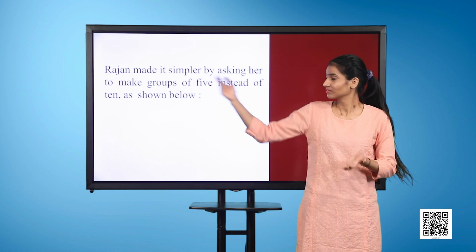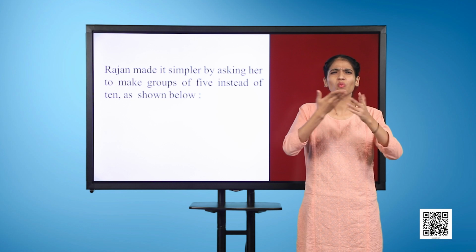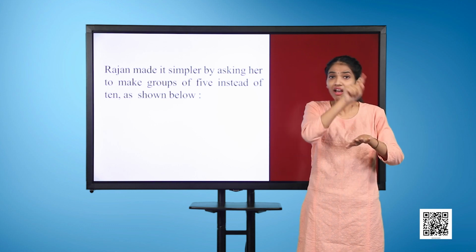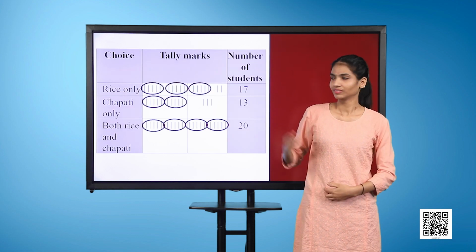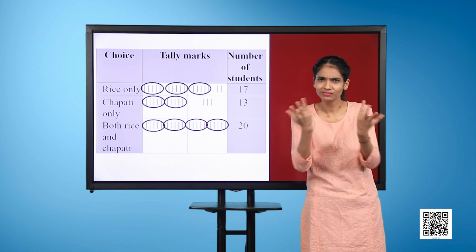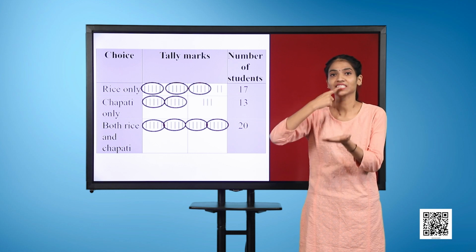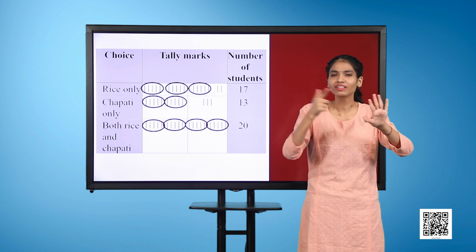Rajan made it simpler by asking her to make groups of 5 instead of 10, as given here. Column 1 choice, column 2 tally marks, column 3 number of students. Rice only, 5 5 5 2, that's 17.